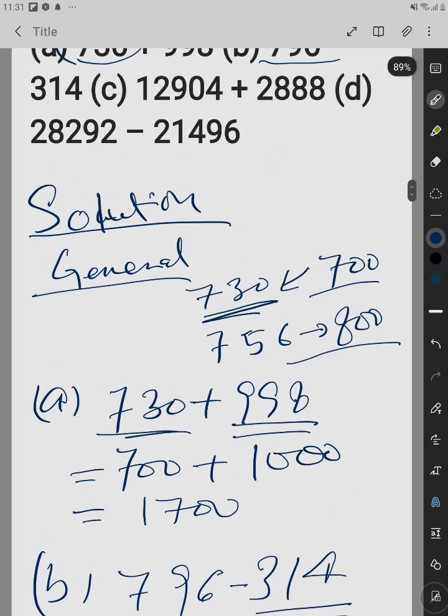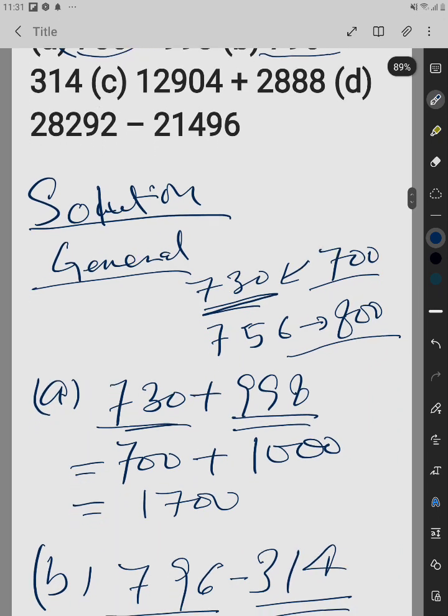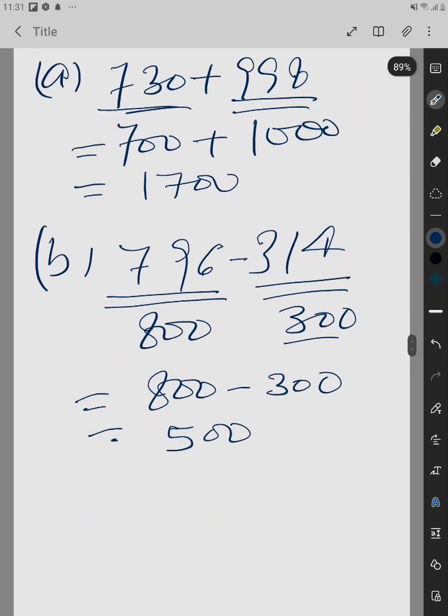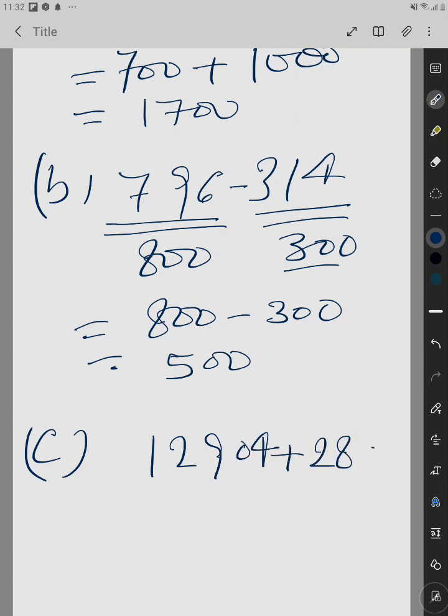And the question C is here: 12904 plus 2888. Okay, so we'll write this C question. 12904 plus 2888. So what we are supposed to do? Because here both were hundreds, we rounded up to the nearest 100.